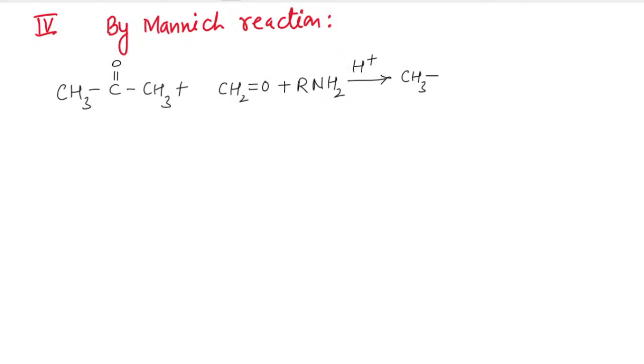We get CH3CO CH2 CH2 and after that NHR. Means one H from here, one H from here and oxygen from here. So water is removed, and then on reduction with lithium aluminium hydride, what would we get?